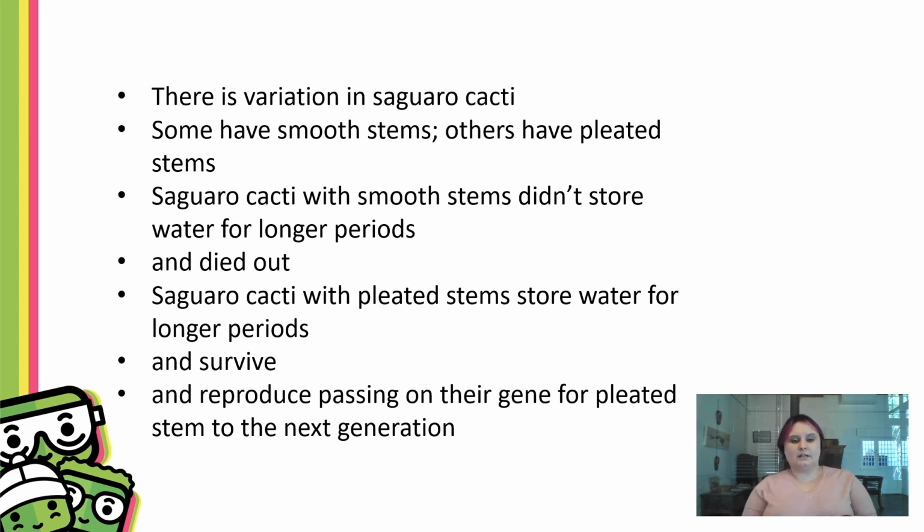This is also a really nice example of an answer describing the process of natural selection. So you could take this answer and apply it to whatever question you have. For example, maybe you have a question about tortoises and how some tortoises have short necks and some tortoises have long necks. Now you could apply the same answer to that, but instead of talking about cacti, you talk about the tortoises.